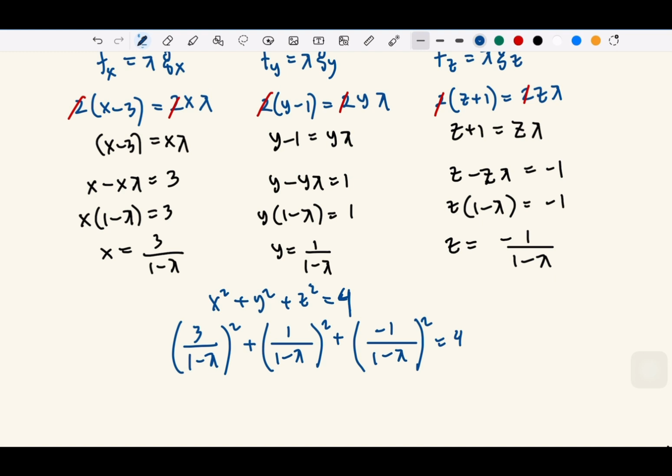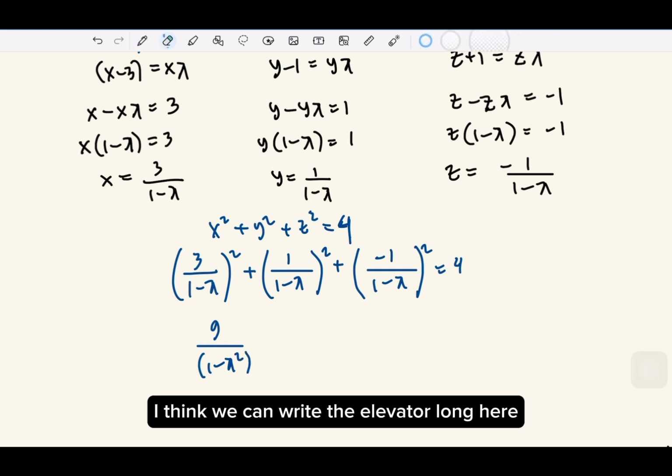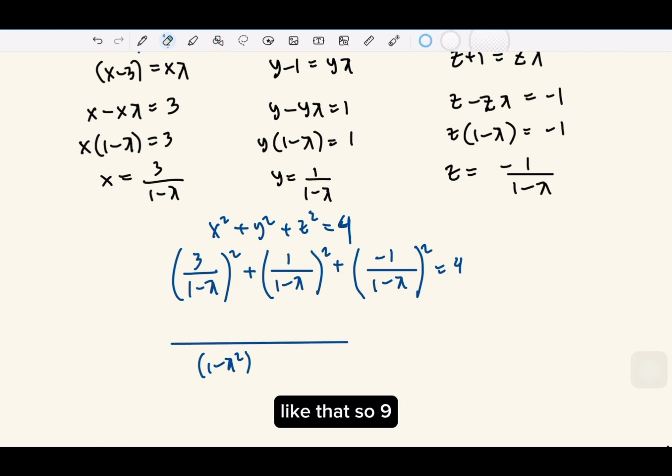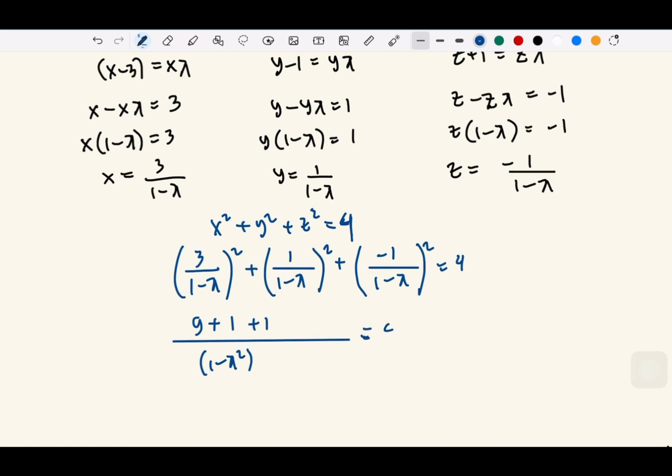Okay. So we have 9 plus 1 plus 1, right? Squared. So it will be equal to 4.